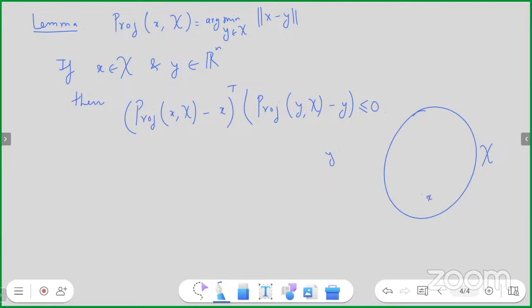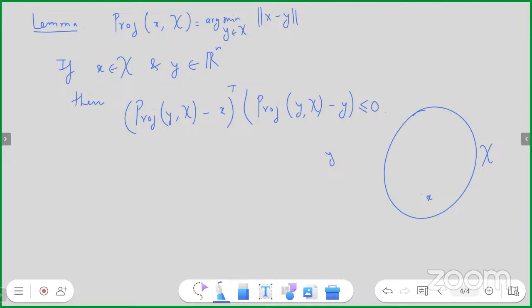Y belongs to R^n minus chi. Not necessary, because otherwise this is 0. If y belongs here, then this quantity is simply 0. So if y belongs to chi, there's nothing to prove. It's identically 0. So only when y is outside do I have to.